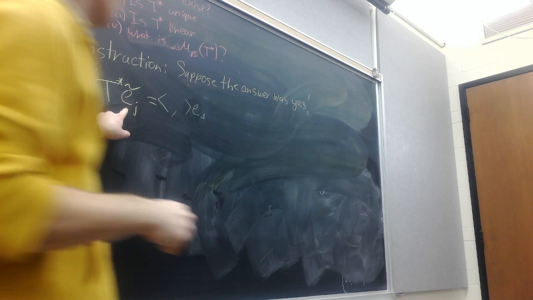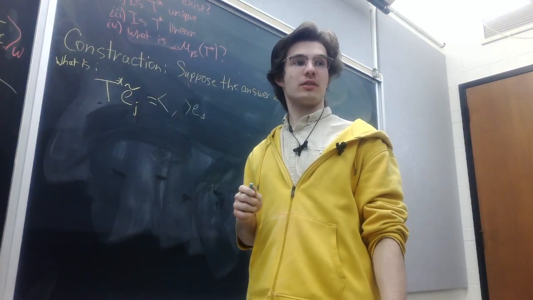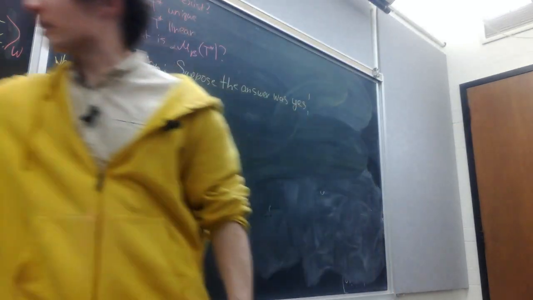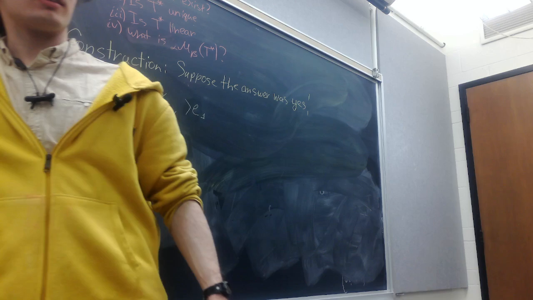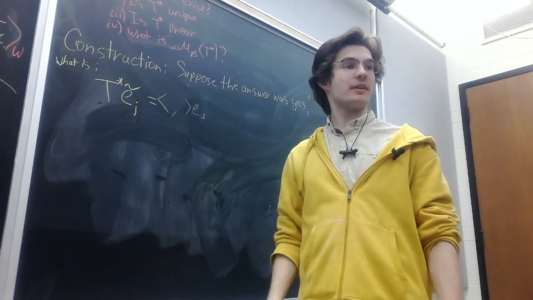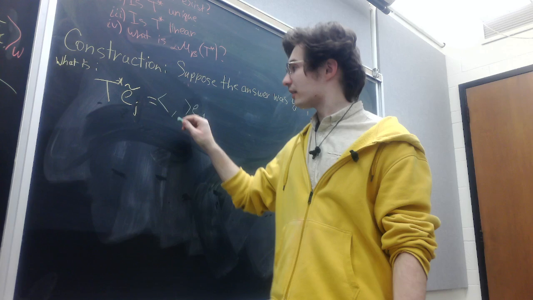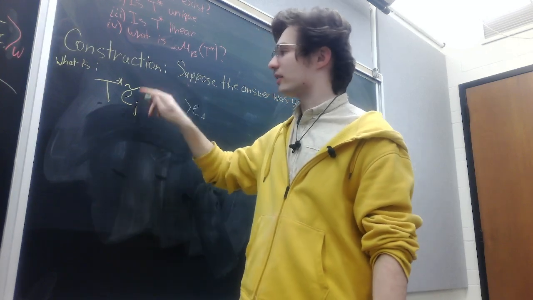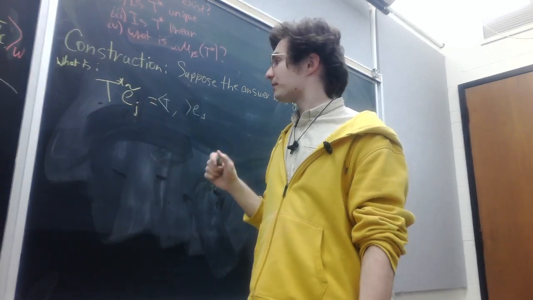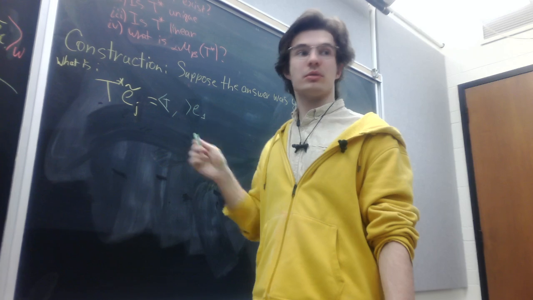Okay. So T E tilde J should be what? You should be reading this. So it should be T star E tilde J. Yeah, T star E tilde J. What should it be equal to?